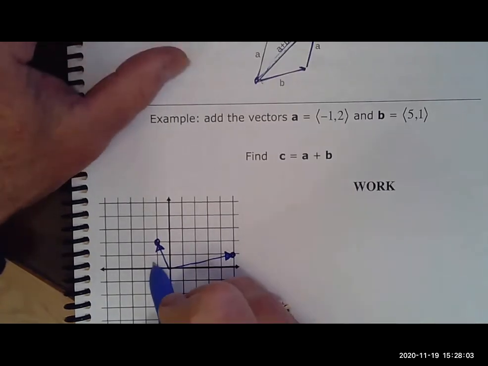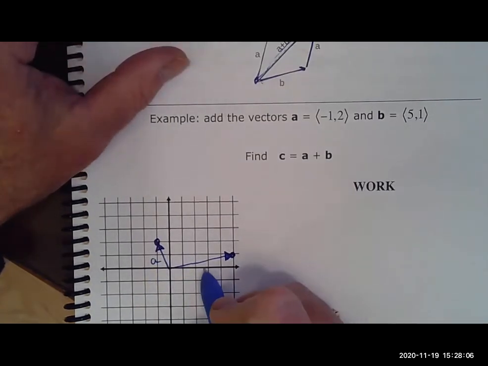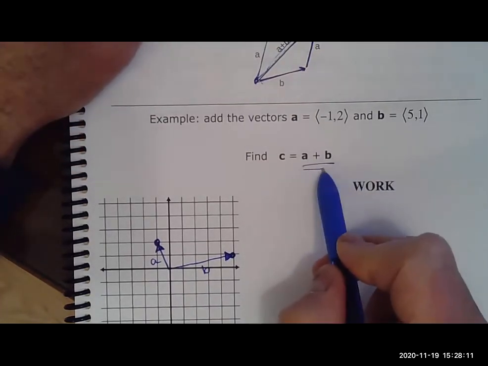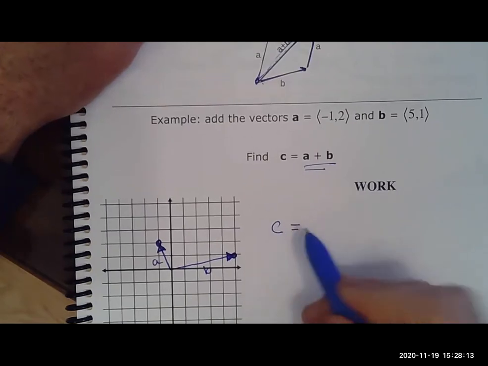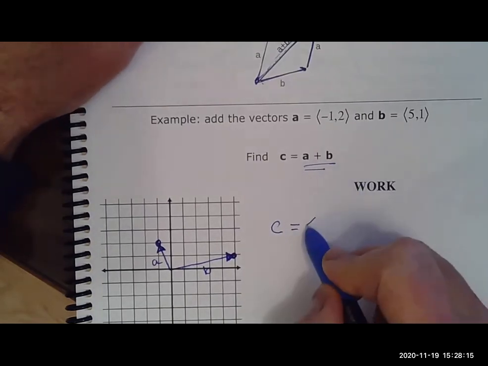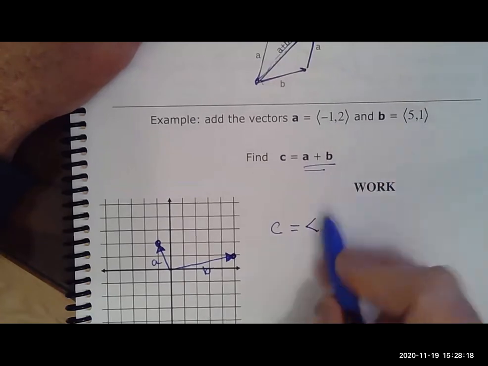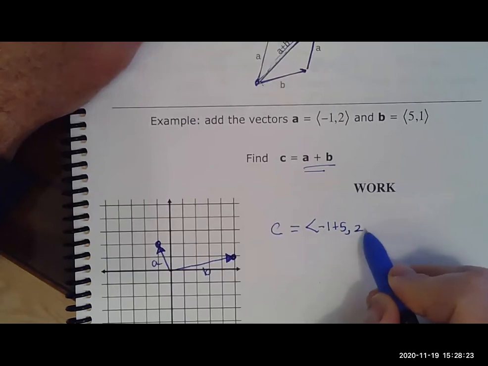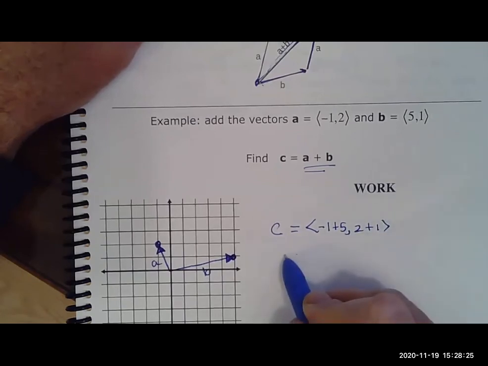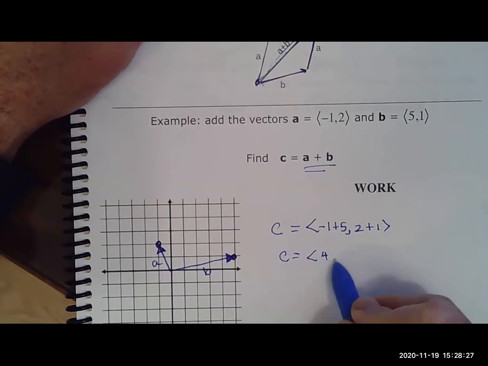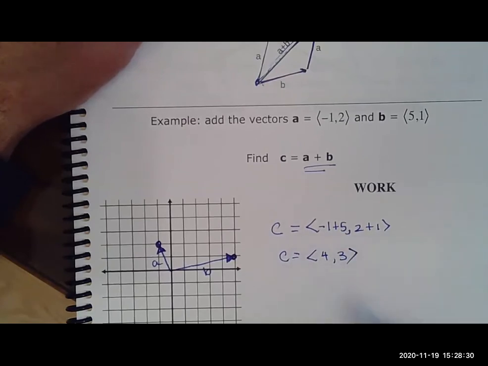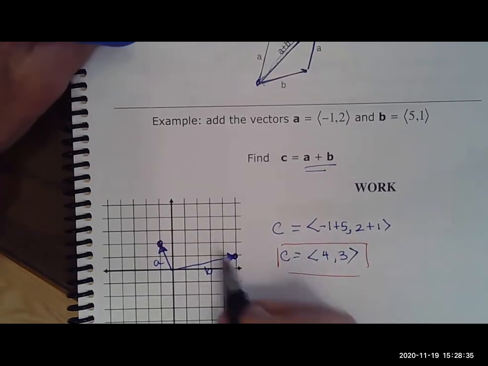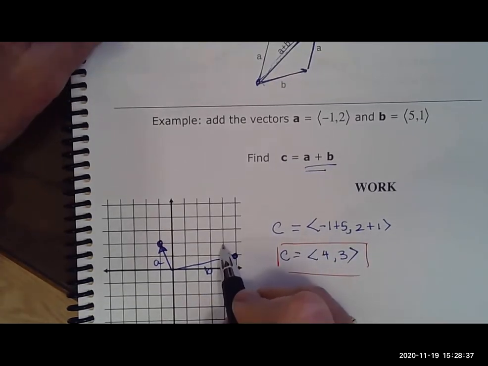Okay, so this is A, and this is B. And then when I add these together, vector C will be -1 plus 5, comma, 2 plus 1. Vector C is equal to 4, 3. And now I'm going to take vector C in red and find 4, 3. There's 4. 1, 2, 3.